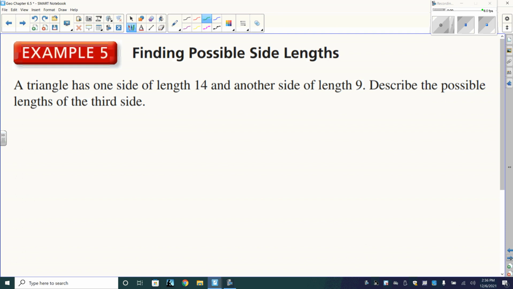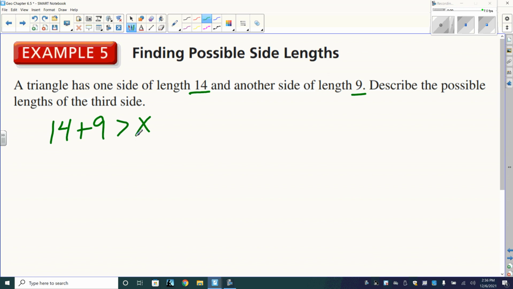So, when we look at this first example, we want to find what the third side could be. So we're going to be talking about inequalities. We're told that one side length is 14 and the other is 9. So any two side lengths added together, 14 plus 9, is going to be greater than x, whatever that third side length is.